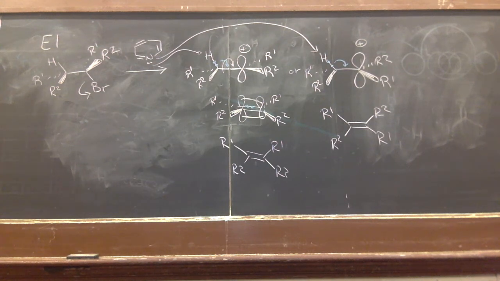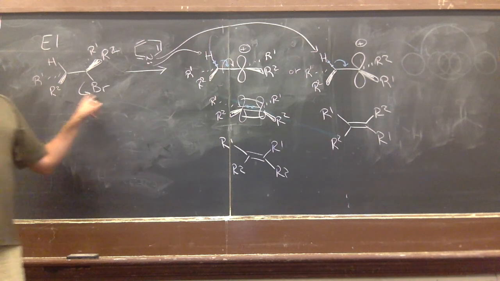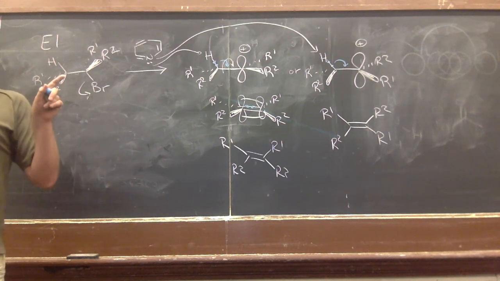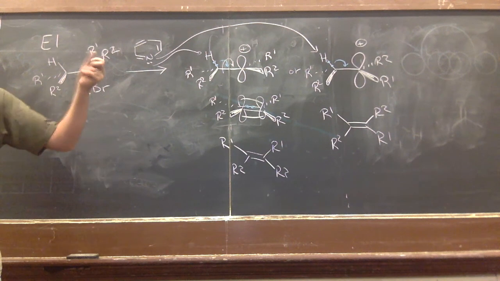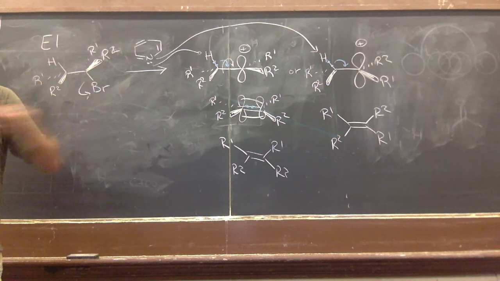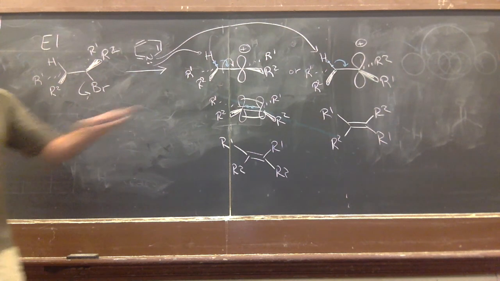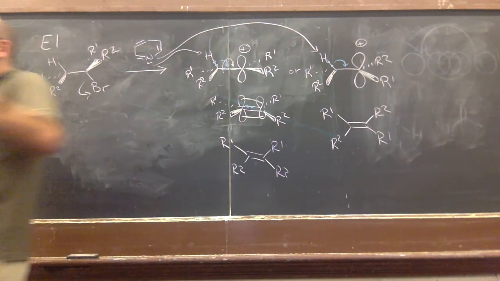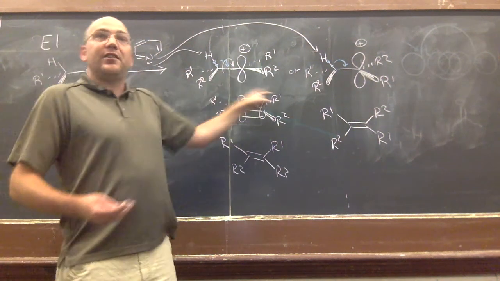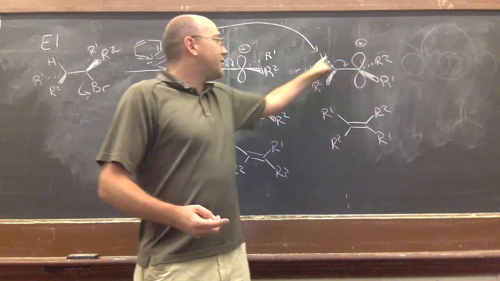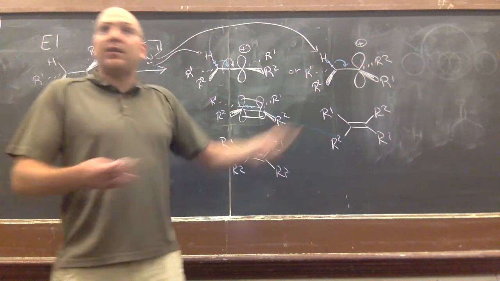Okay, now E2 is a little bit different, because in E2 you're never going to leave that bromide, and it was asked previously about the importance of stereochemistry. Yes, we are planar here, right, so we can fully rotate around that, and the empty p orbital is the same on both sides, so the energetic difference of deprotonating and eliminating is going to be the same.